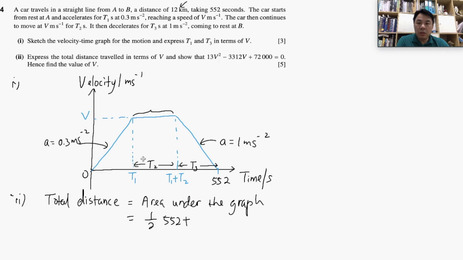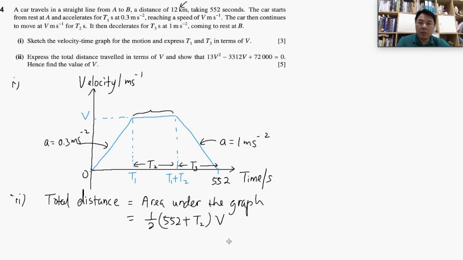Just to check, this length is given by the car continuing to move at v meters per second for t2 seconds. So this length is t2, and then finally multiply by v. From here, I don't think we can proceed any more. That is the total distance.